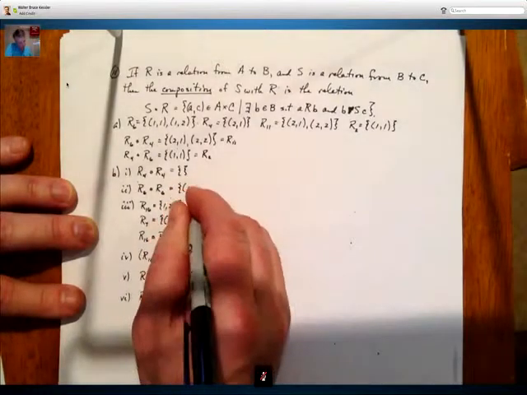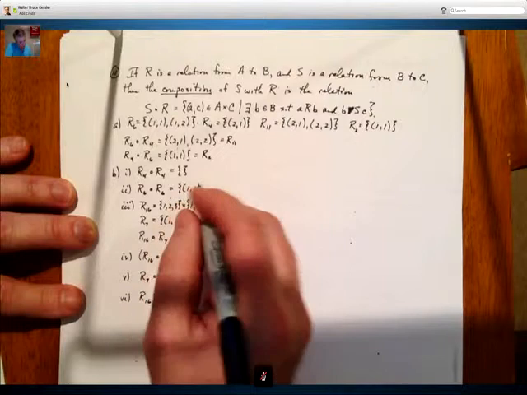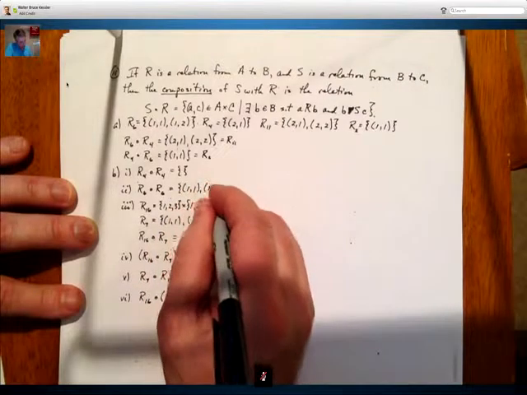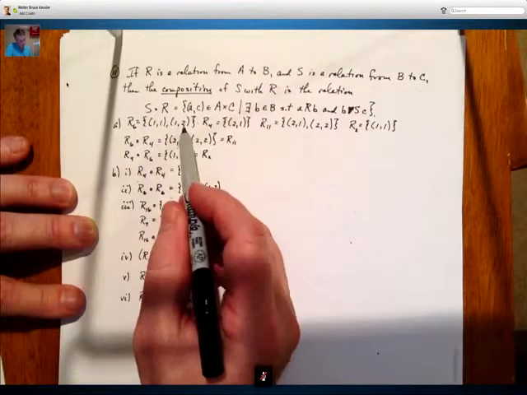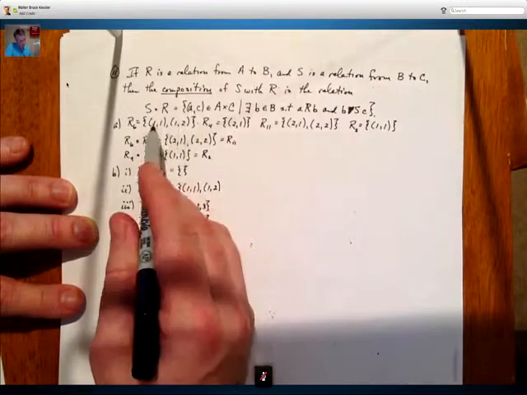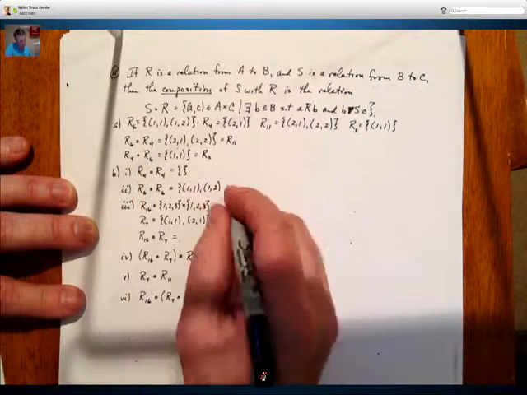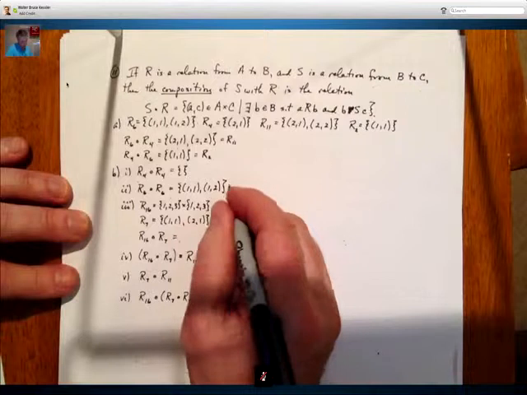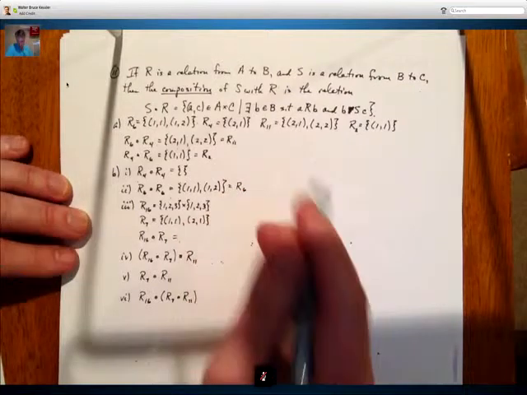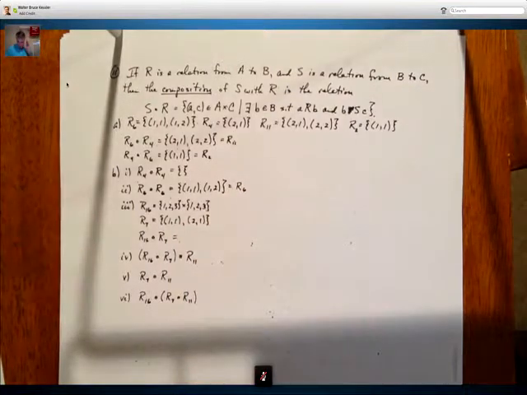So we get both of those points, 1, 1 and 1, 2. And then 1 is connected to 2 right here, but there is no starting 2, so we're done. So that is actually in R6.